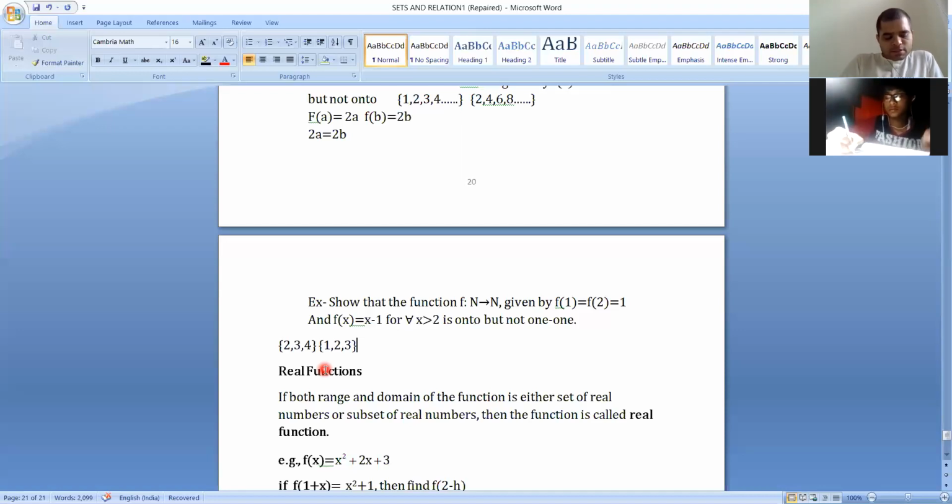Second one, you see one has got only one image. You see the question.